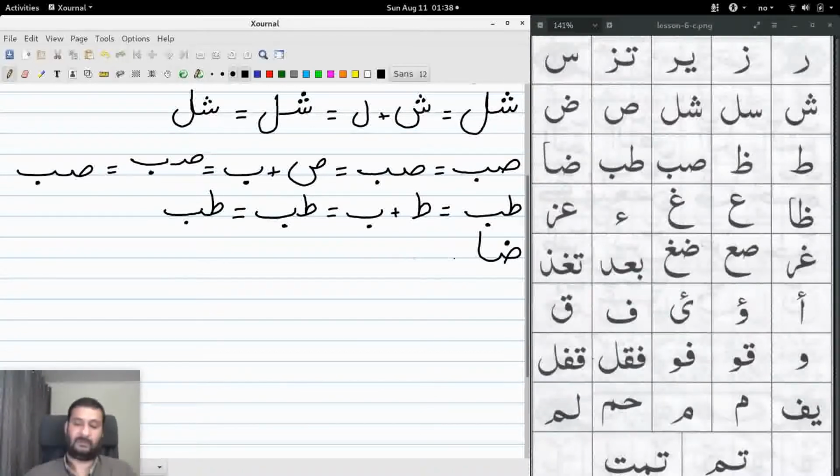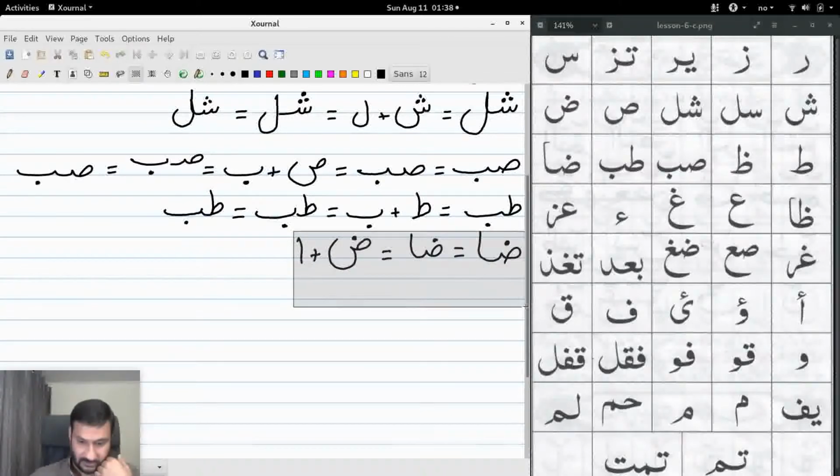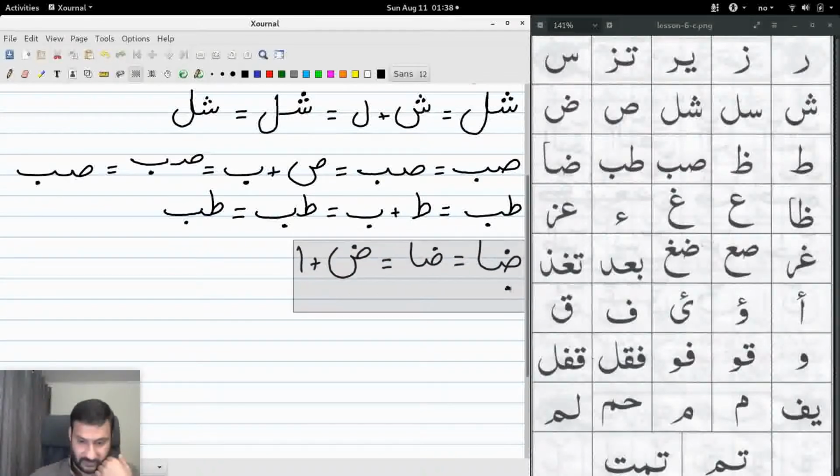Dha alif. It can simply be written as this, and this is of course made up of two letters, dha and alif. I think this is mixing up with the above line, so I'll just move it down.